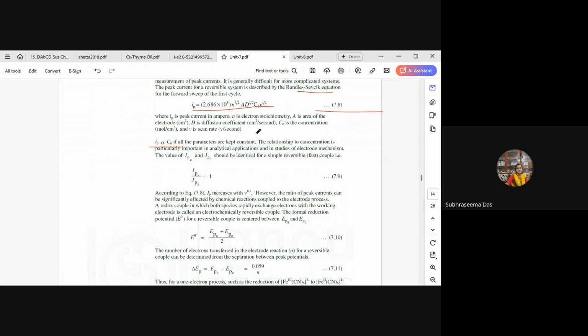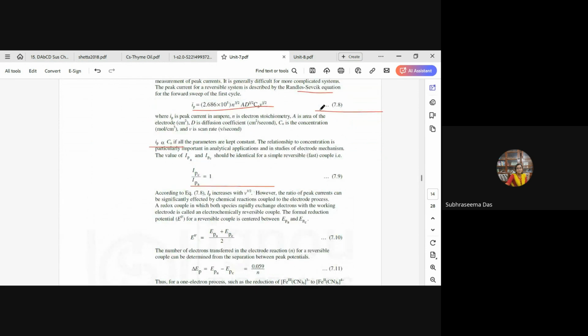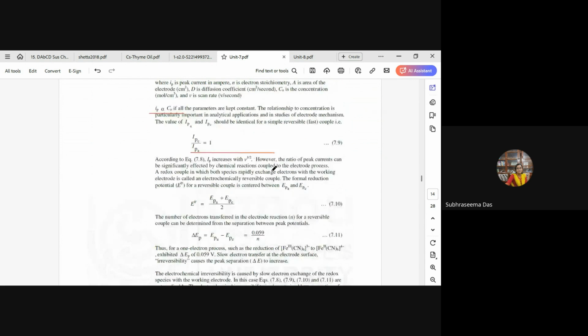We know that the value of IPA, that is the anodic peak current, and IPC, that is the cathodic peak current, should be identical for a simple couple, so that we have IPA/IPC = 1. Also from equation 7.8, we see that the peak current is directly proportional to ν^(1/2), where ν is the scan rate.